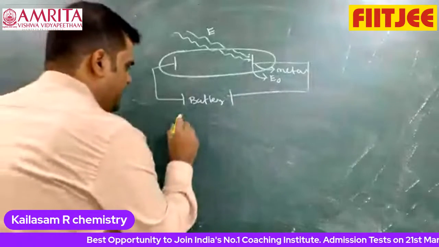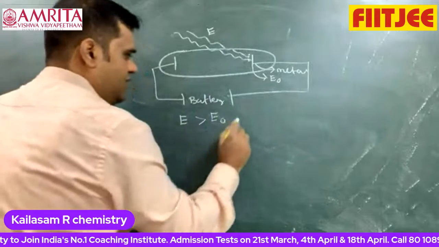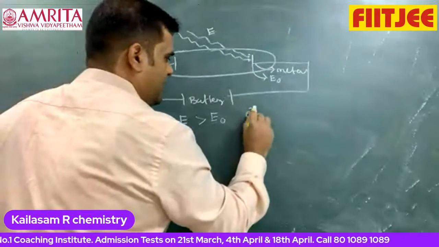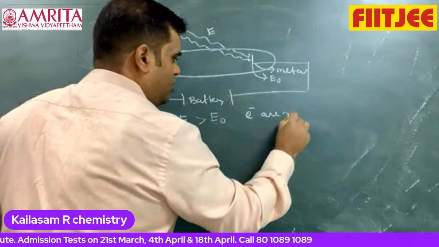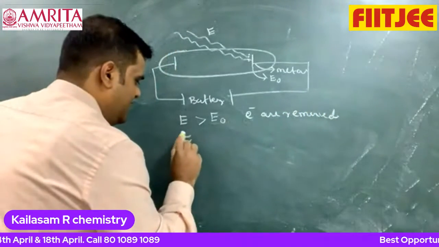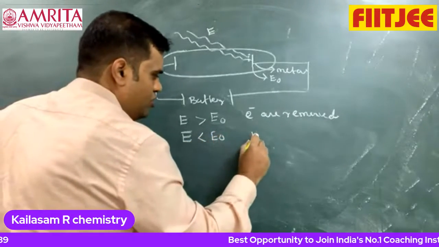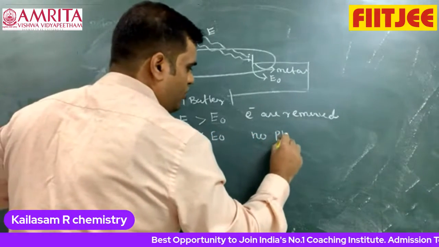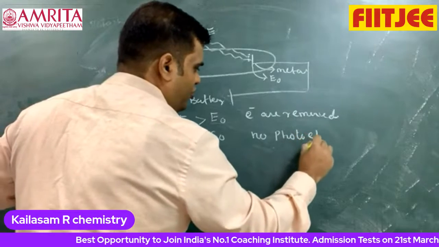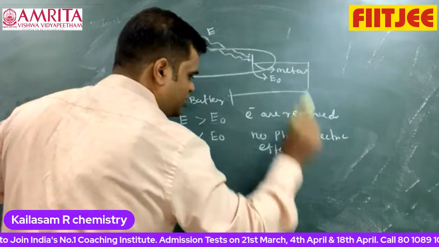Now if E is greater than E naught, electrons are removed. Or if E is less than E naught, no photoelectric effect.